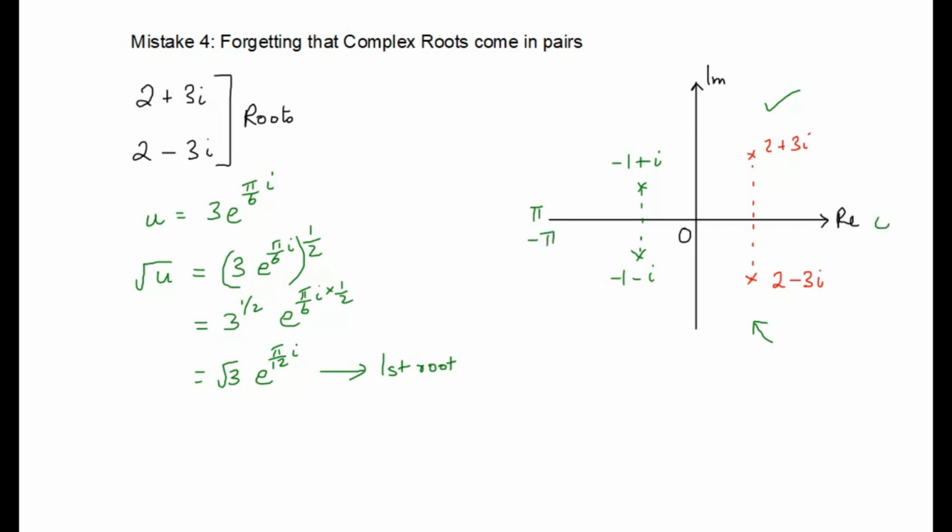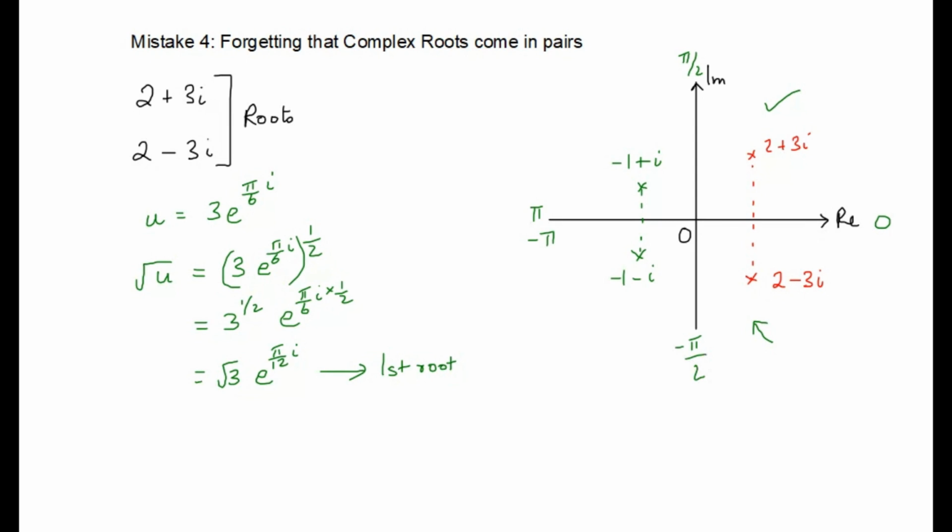This is 0, this is pi by 2, and this is negative pi by 2. So you go anti-clockwise from minus pi to minus pi by 2, 0, pi by 2, and pi, right? So if I found my first root, and its argument is pi by 12, it's in the first quadrant. Therefore, the second root must be in the fourth quadrant.